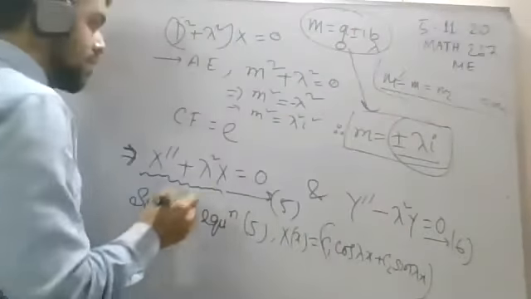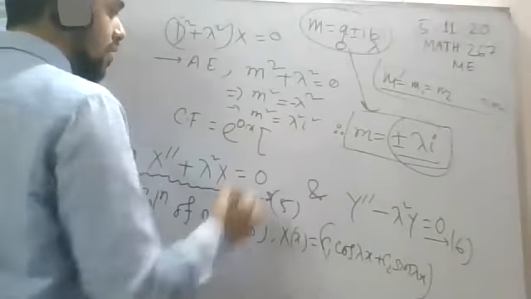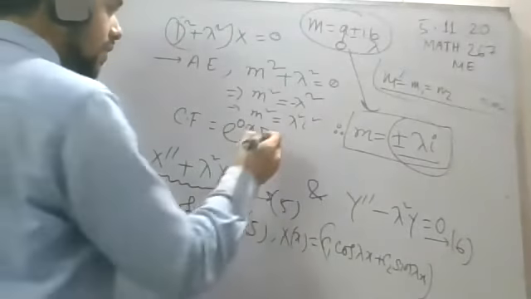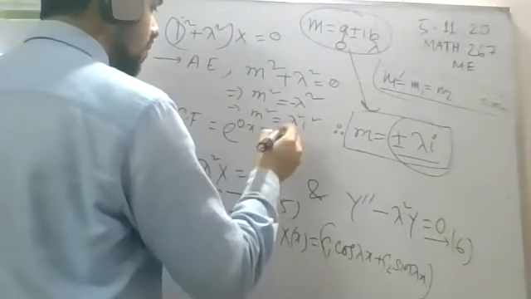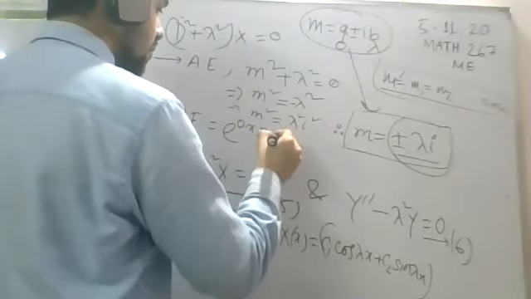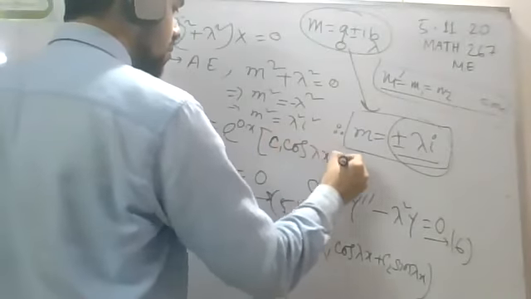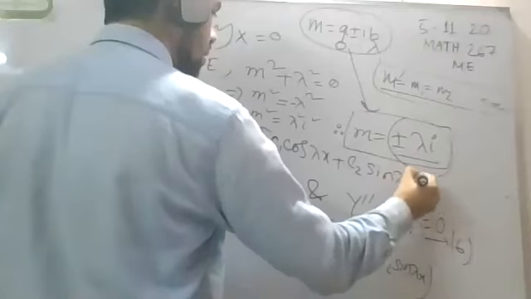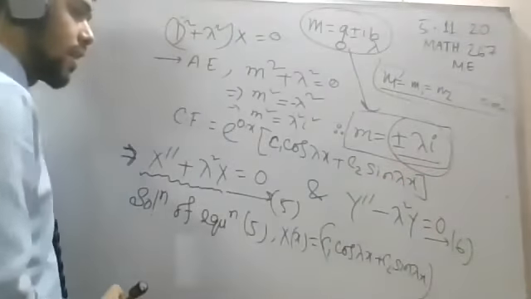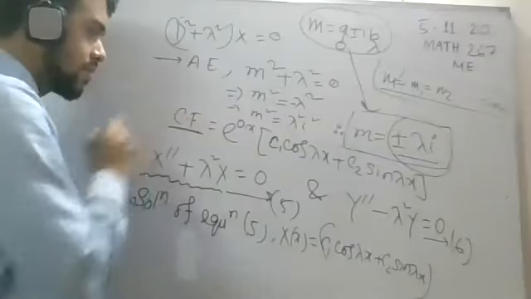Okay, so here e to the power 0 into x, and C1 cos lambda x plus C2 sin lambda x. Okay, so this is your complementary function.